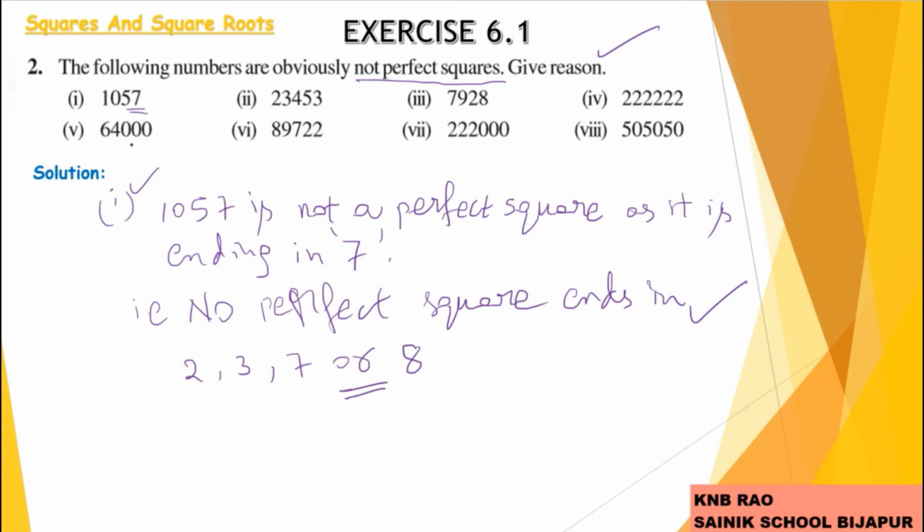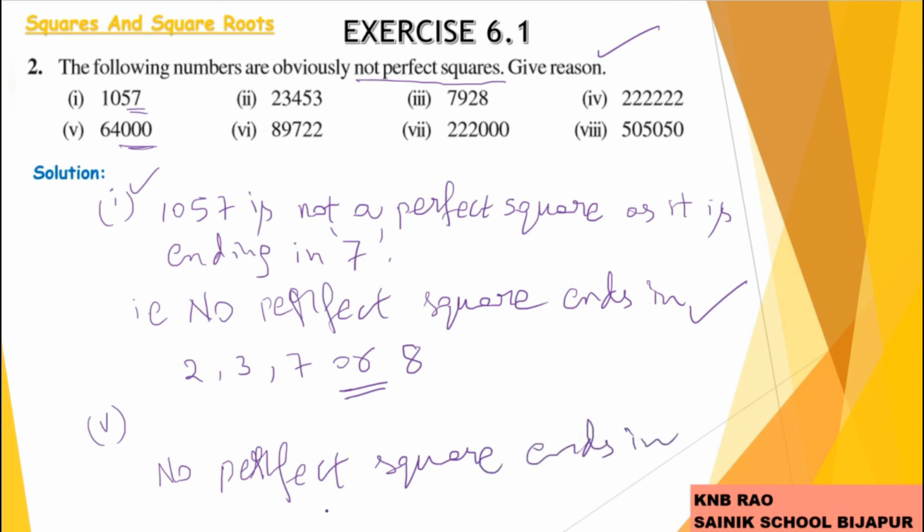Next, here try to observe in the case of the fifth one. 64,000 is not a perfect square. Here it is ending in 0. Why can it not be called a perfect square? Because no perfect square ends in an odd number of zeros.